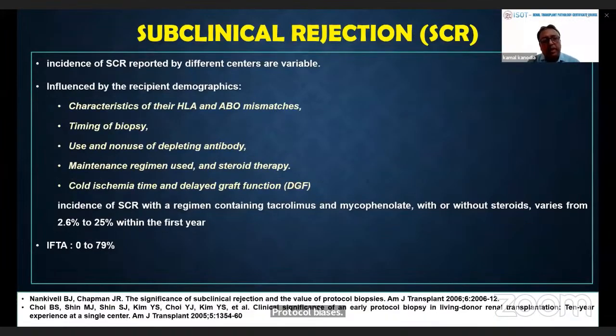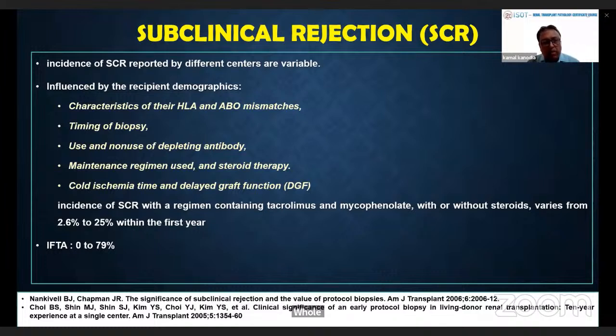Now, the true incidence of SCR is not known because the SCR reported by different centers is variable. And it is influenced by the recipient's demographics, like characteristics of HLA and ABO mismatch, timing of the biopsy, use and non-use of depleting antibody, maintenance regimen and steroid therapy, cold ischemia time and delayed graft function.